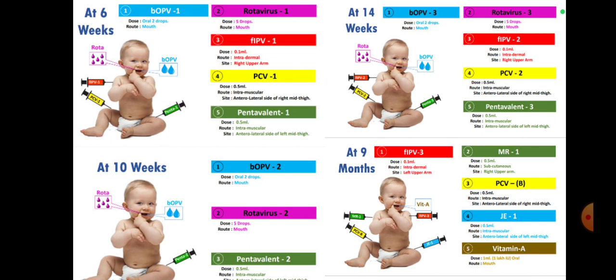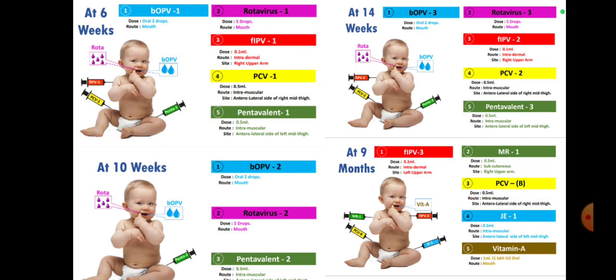Next, at the time of 9 months, the vaccines given are: FIPV third dose 0.1 ml intradermal left upper arm. MR first dose 0.5 ml subcutaneous right upper arm.